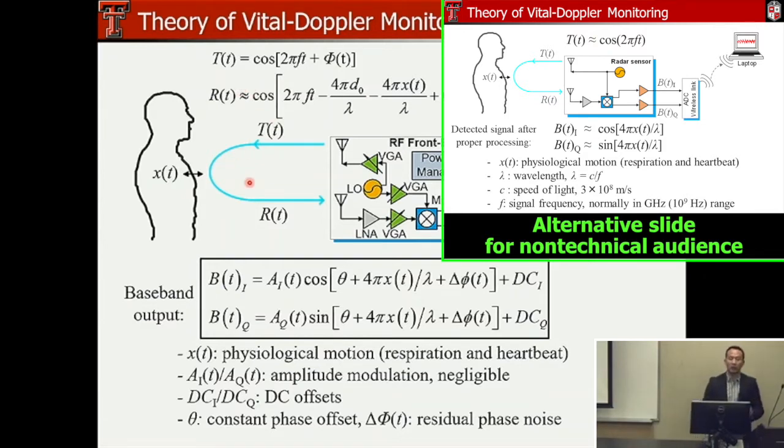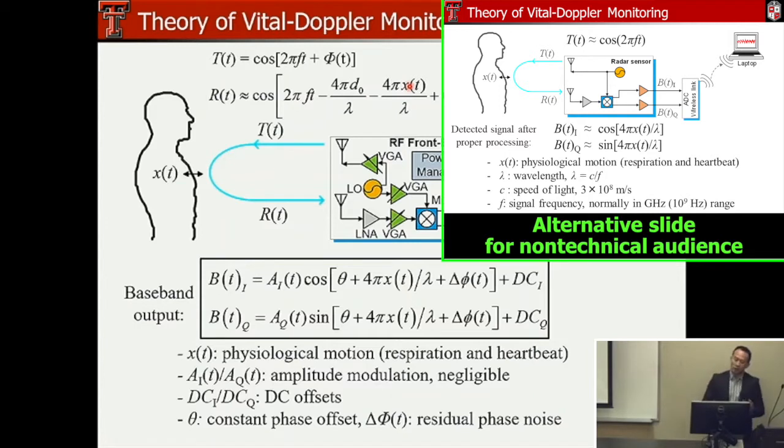Because of the physiological motion, respiration and heartbeat, this delay will be modulated by the motion x of t. So on the receiver side, the received signal has a carrier frequency and a delay due to the nominal distance between the human subject and the transceiver, as well as the motion x of t.